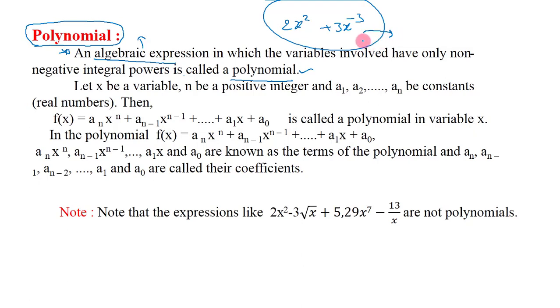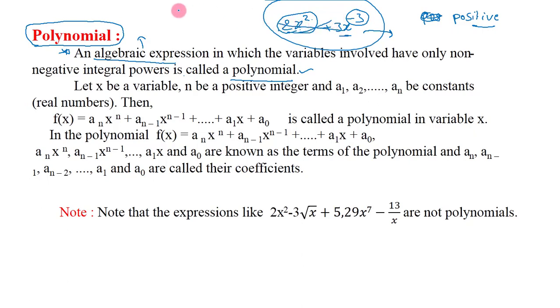Because as per the definition, the powers of the variables should be non-negative integers. The first term has positive 2 as a power, but the second term has a negative number as a power. So this expression is not a polynomial.